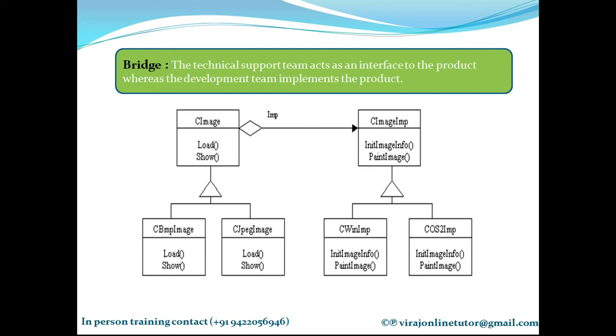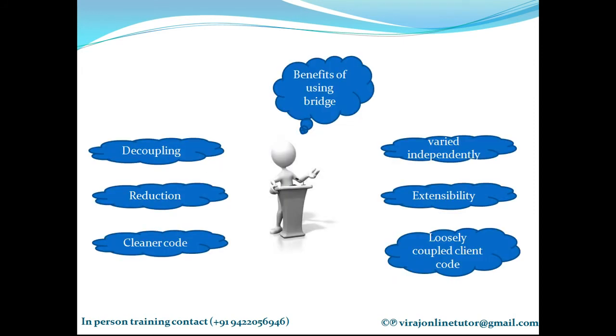So the executable size will reduce like anything. So the third benefit is having a cleaner code, and it reduces the executable size. How? Because the operating system specific code is encapsulated in CImage implementation subclasses. So this results in a cleaner code without much preprocessor statements. Also, you can conditionally compile image implementation classes for a given operating system to reduce the size of the executable.